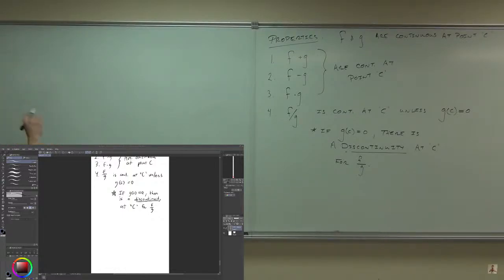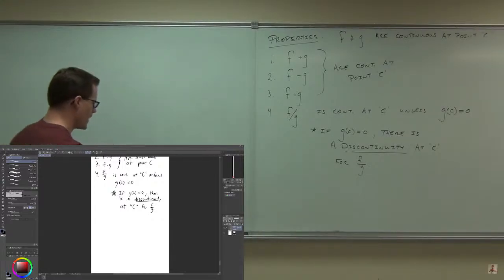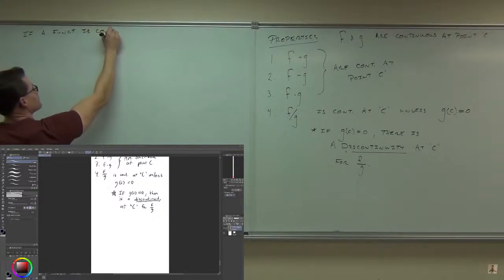Okay. Do you remember that if a function is continuous at any point c, I hope you remember because we just talked about it. If a function is continuous at c, here's what we know.